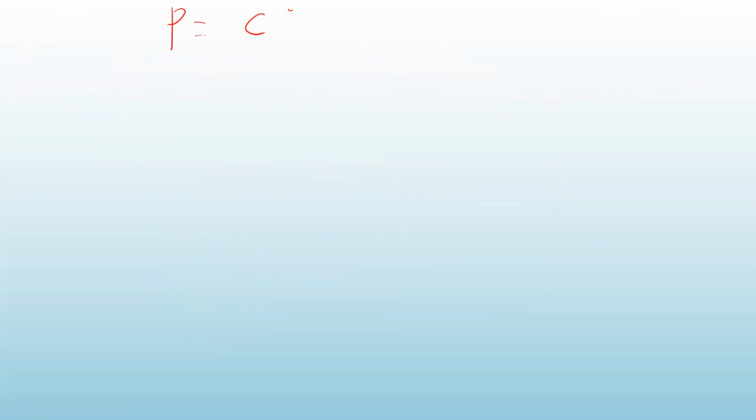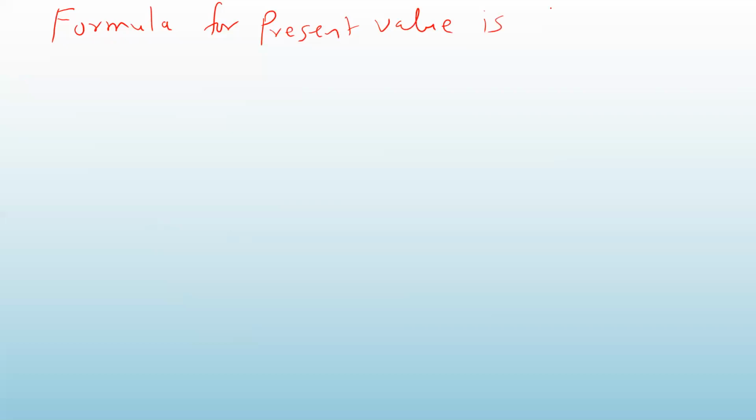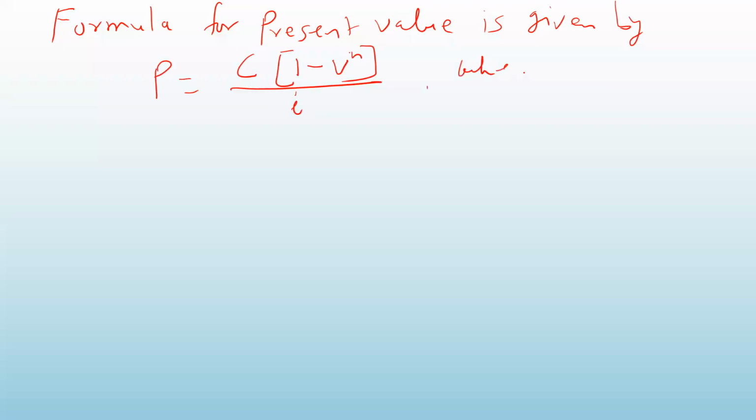The formula for present value is given by P equal to C into 1 minus V raised to N divided by I, where V is 1 divided by 1 plus I. 1 plus I we have already calculated.